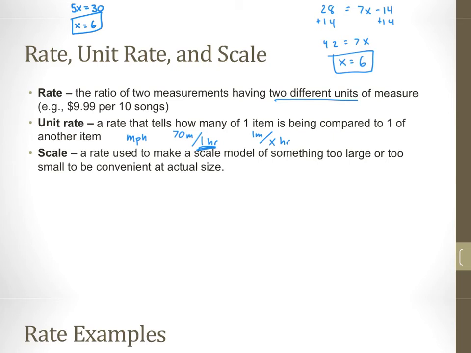Okay? And scale is an example I used earlier when you have a model plane to an actual one, or if you're comparing the GPS map to the actual road. On the actual road, it may be a distance of 5 feet, 10 miles, whatever, but on the map, it's only an inch or a half an inch.